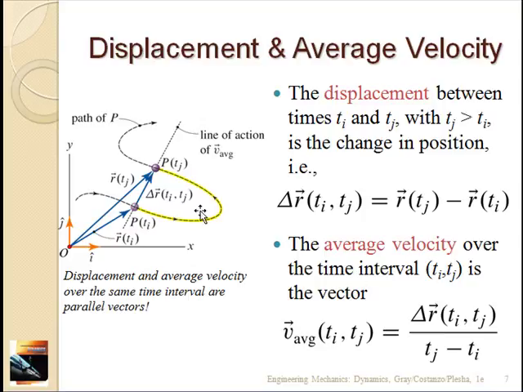Because we just draw this straight line between the two positions, the distance traveled is delta r, just the change in the position. So delta r divided by the time it took to make that change, tj minus ti. So it's like delta r over delta t. That's the average velocity.